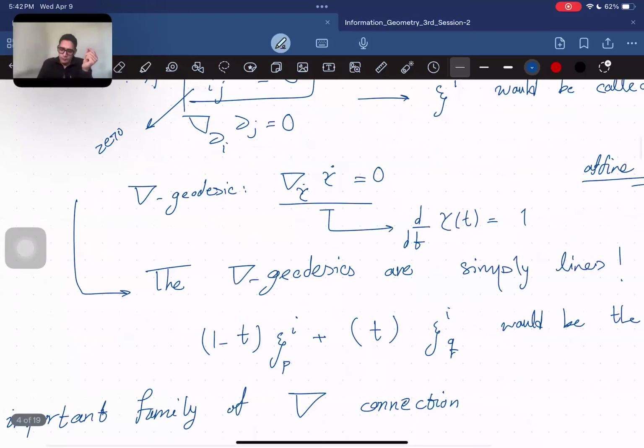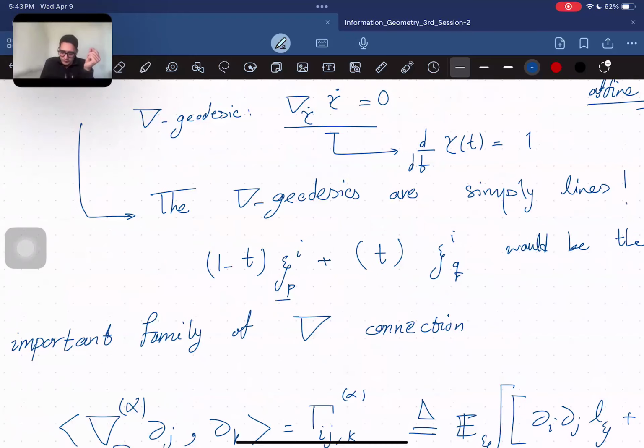So if you start from the point P and you want to get to the point Q, what's the least curved path between the two? Because you have the affine coordinate system, this would mean having a line between them. You don't need anything else. You don't need to consider the curve between the two.